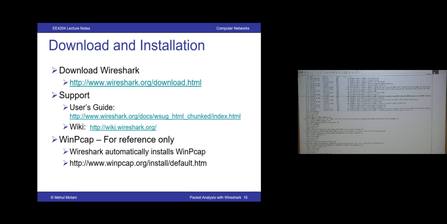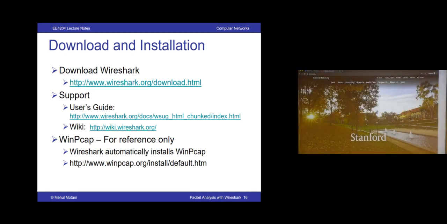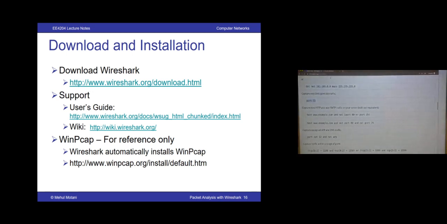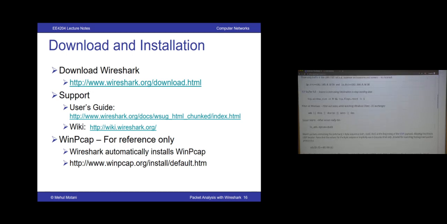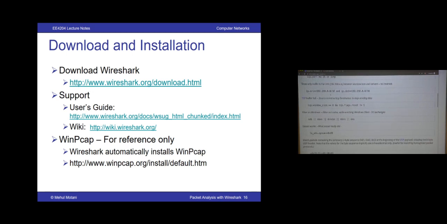So this is after I've captured a DNS packet. Let's see how to do a display filter. For example, maybe we can do this.